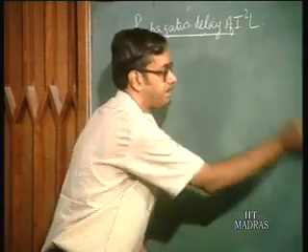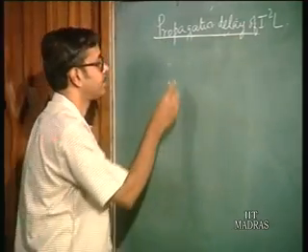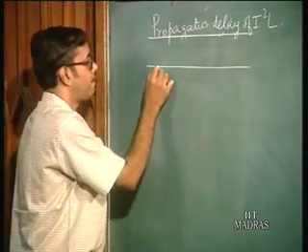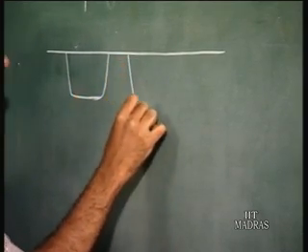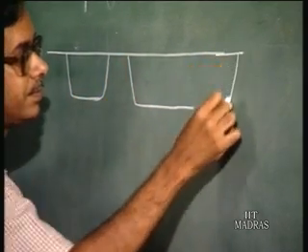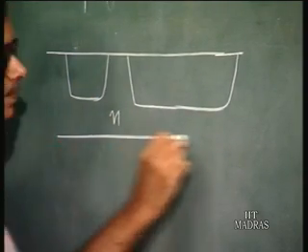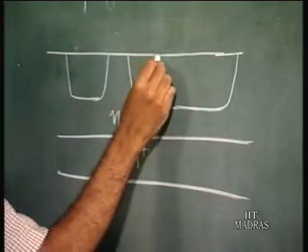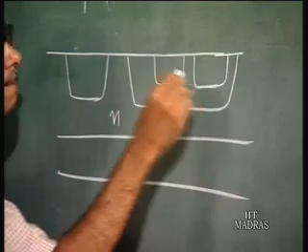So, I will just draw the I squared L cell once more. This is the N plus region, and then you have the collectors.